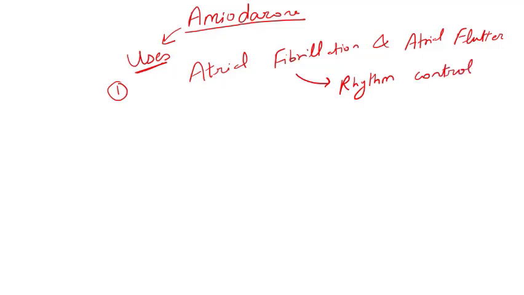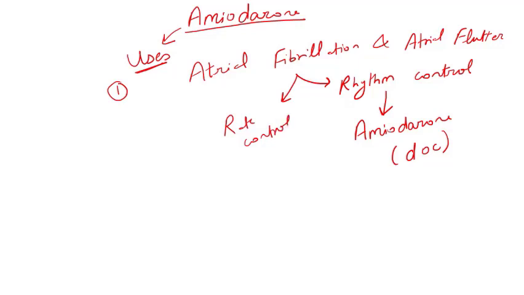Now, rhythm control means to convert atrial fibrillation back to sinus rhythm, and for rhythm control, amiodarone is the drug of choice. Now, for rate control, beta blockers are the drug of choice.